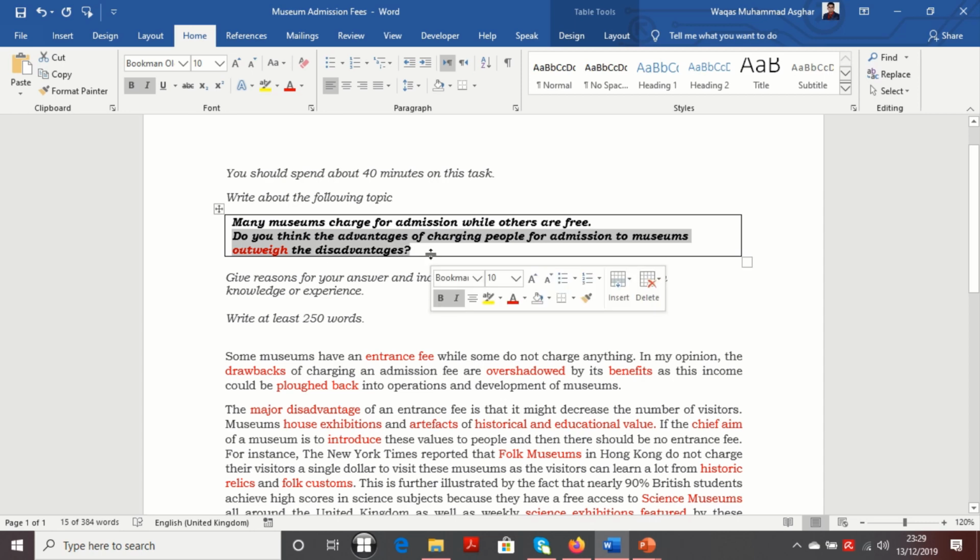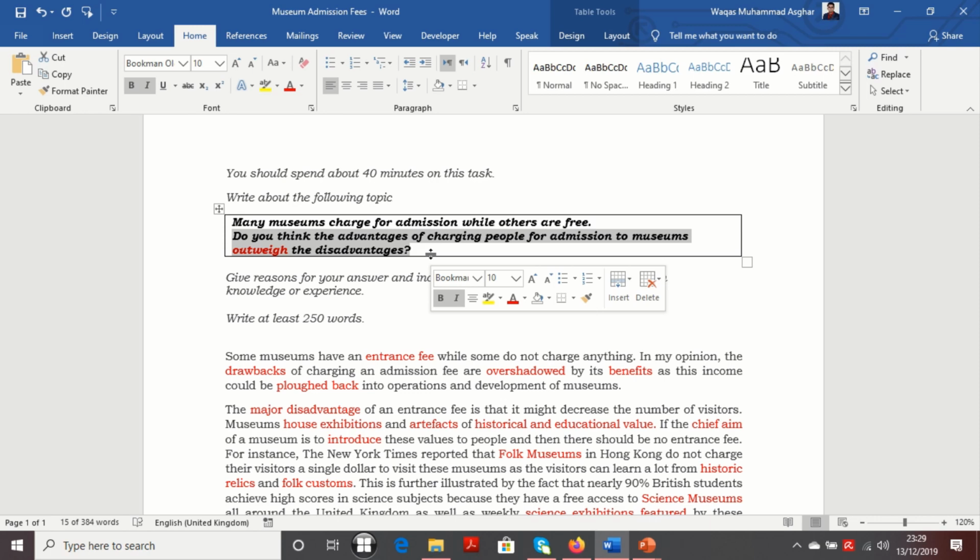Well, there are two types of advantages and disadvantages questions. I can explain in a very simple way. For example, if someone asks you, what are the advantages and disadvantages of having a laptop? It's quite simple, right? We need to give one major advantage of having a laptop and one major drawback.